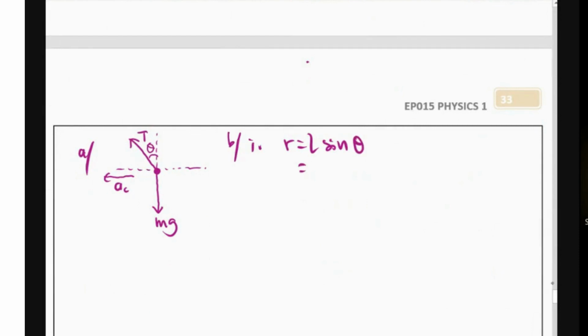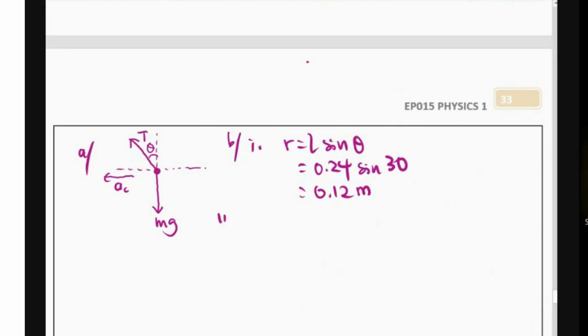L is 0.24 and theta is 30 degrees, so the answer is 0.12 meter. That is how you find the radius.